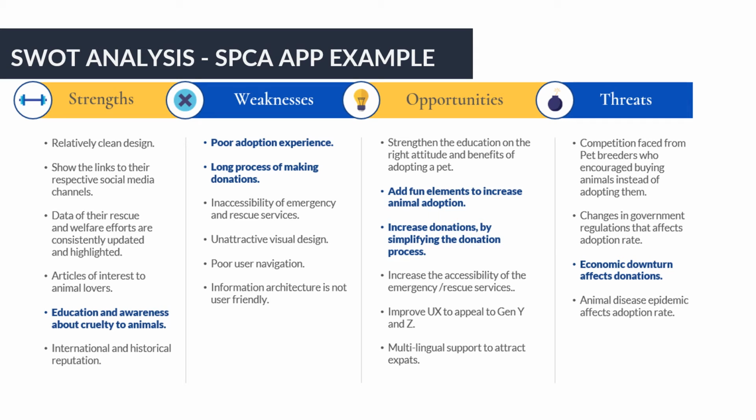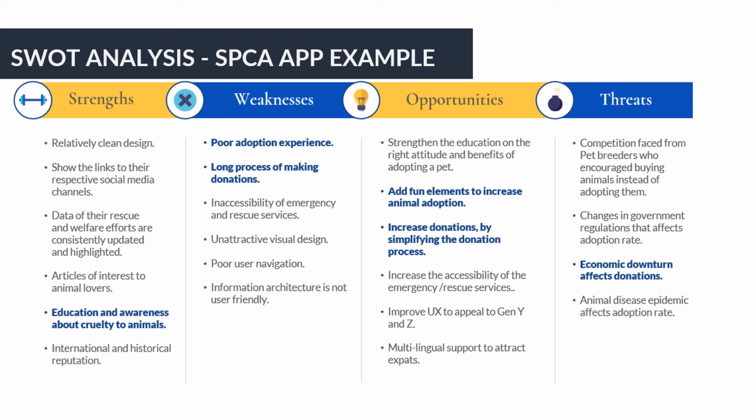Now that we have seen how best we can frame our SWOT analysis tool into the 4-quadrant format, let's take a look at a practical example of a SWOT analysis assessment tool. I've borrowed this SPCA SWOT analysis tool that was used on an app which they were using to provide spay and neuter services.